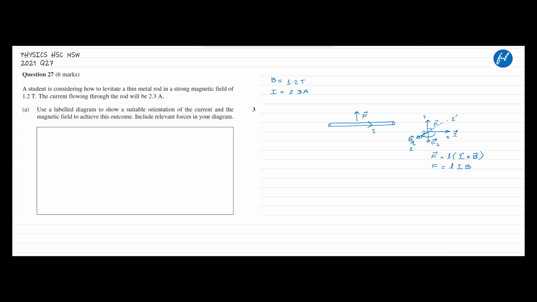But in the question given to us, we have to lift the metal rod. So therefore, the other direction that is possible should be over here. And maybe I can call it B2.